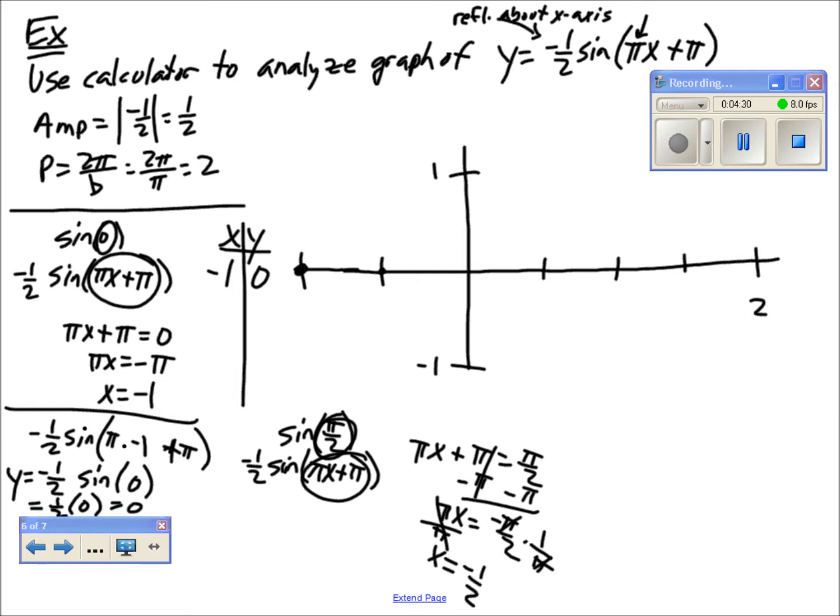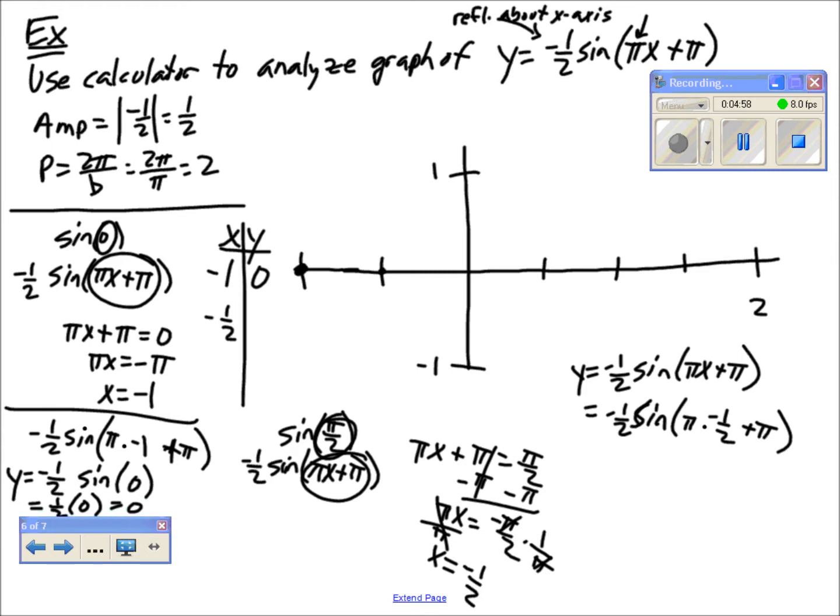Well, I probably could plug that in anyways, because I know it's divided into 4 equal parts, so it goes by 0.5 each time in this case. So negative a half would be a really nice point to plug in. Let's see what happens. Remember that this actually flips it over. So negative 1/2 sine of pi times negative a half plus pi.